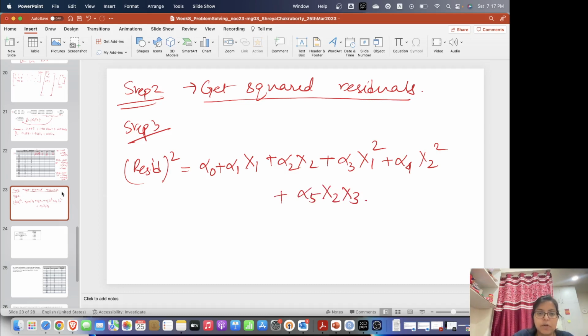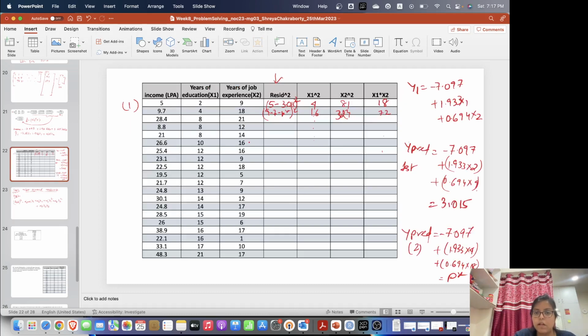So what we are going to do is that from the new table, this will be my new response, that I am going to regress on the original variables plus their square terms and all possible pairwise interactions.